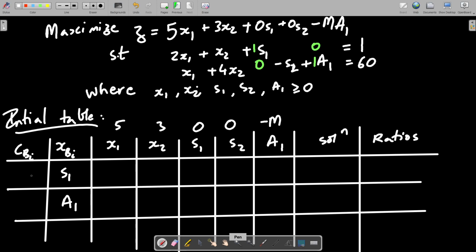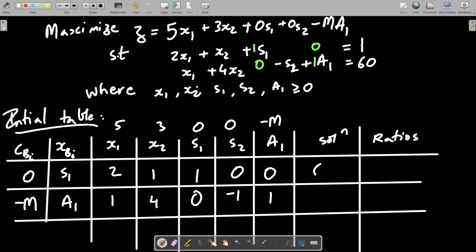So this is 0, cost associated with this, and cost associated with this one is minus M. Next, write down this 2, 1, 1, 4, 1, 0, 0, minus 1, 0, 1. Solution here is 1, that is 60.